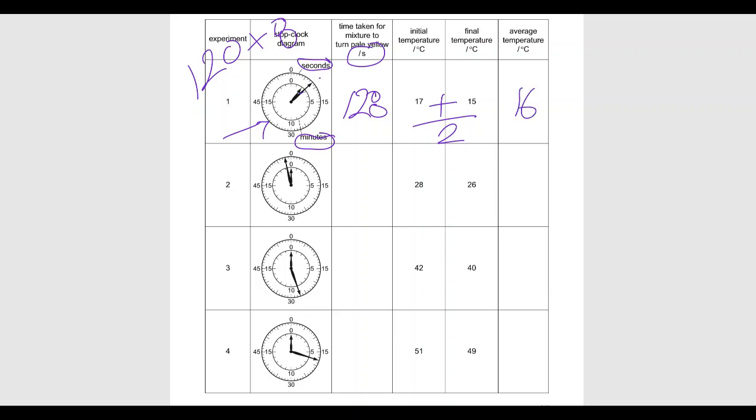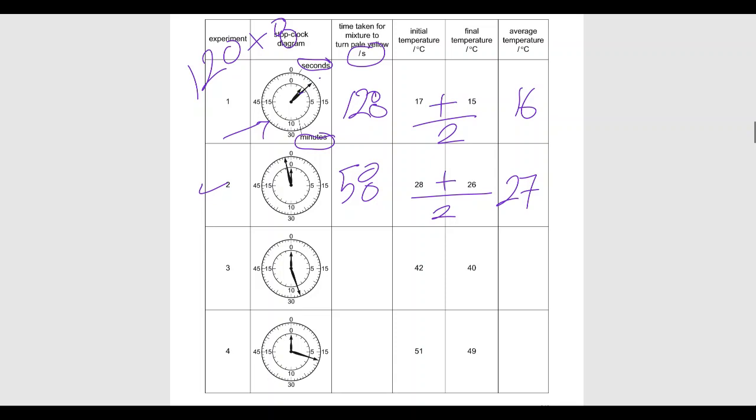For experiment number 2, you have 0 minutes with 58 seconds, and the temperature plus over 2, which is 27.